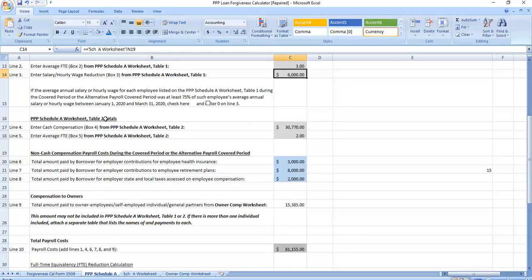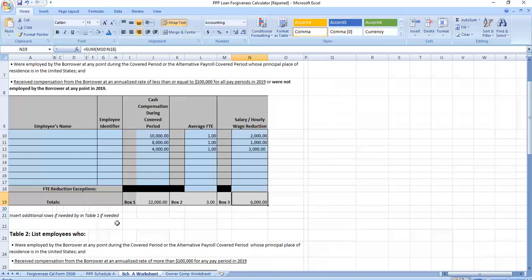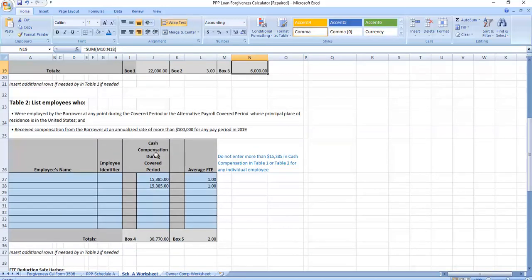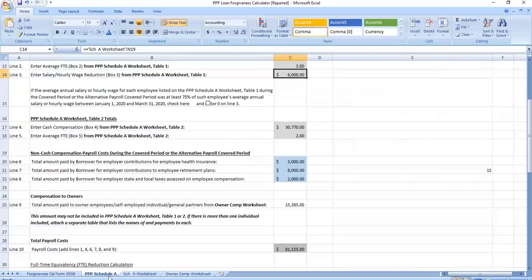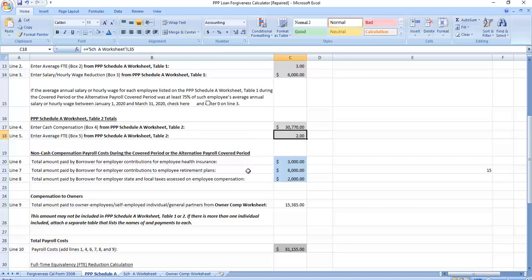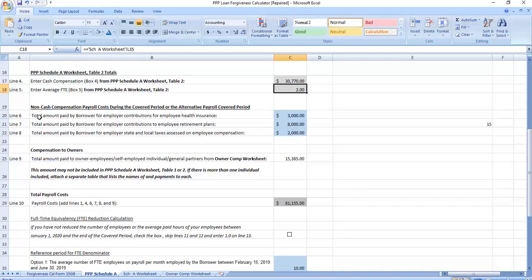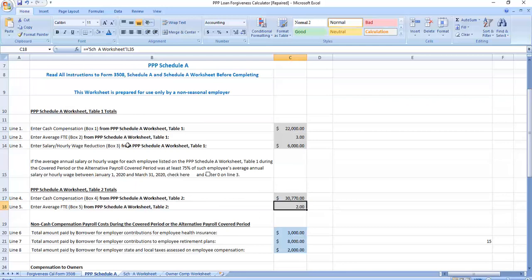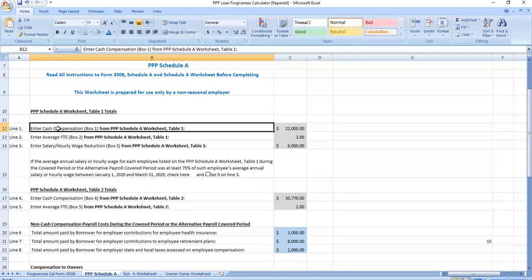Now this is coming from table 2 right here. We have box 4, the compensation and the full-time employee equivalent, so that's automatically coming in from there. And now we're going to look at non-cash compensation payroll cost during the covered period, alternative covered period. So this is besides the compensation. You may want to look at the definition of compensation itself.